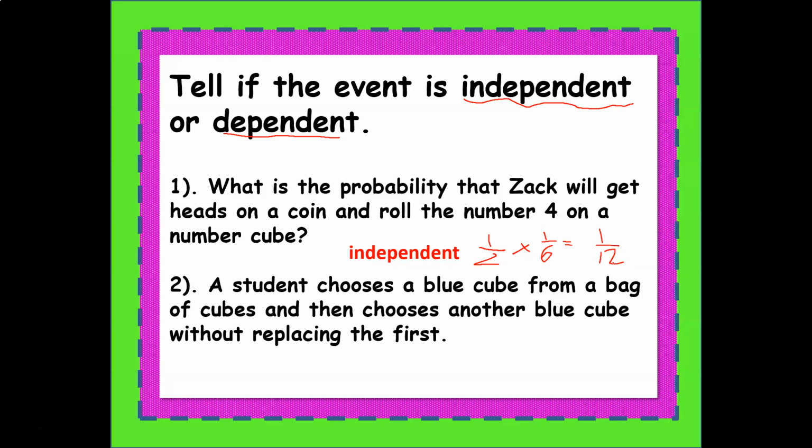Let's look at the second scenario. A student chooses a blue cube from a bag of cubes, then chooses another blue cube without replacing the first. Does that first event affect the second event? Are they independent or are they dependent?